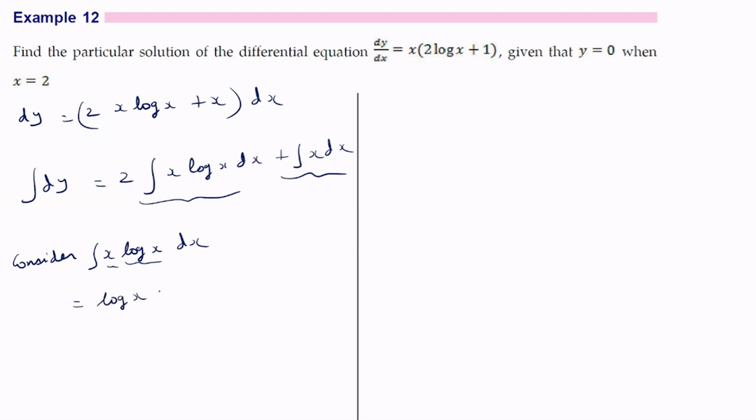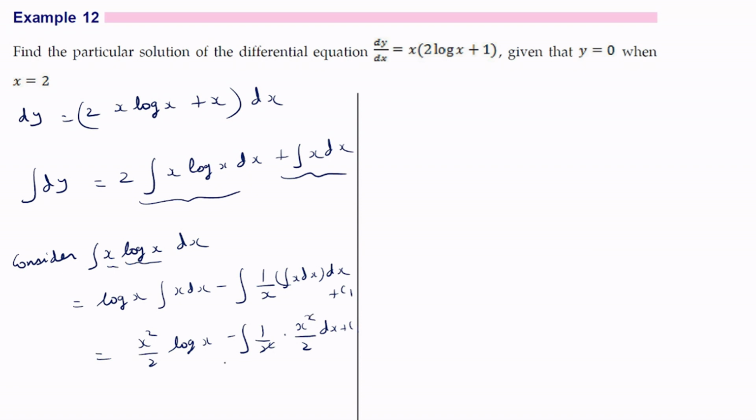So it is log x into integral x dx minus integral derivative of log x into integral x dx, plus c1. So this is x square by 2 log x minus integral 1 by x into x square by 2 dx plus c1. So here we have integral x dx, which is x square by 2. There is already 1 by 2, so it is x square by 4 plus c1.